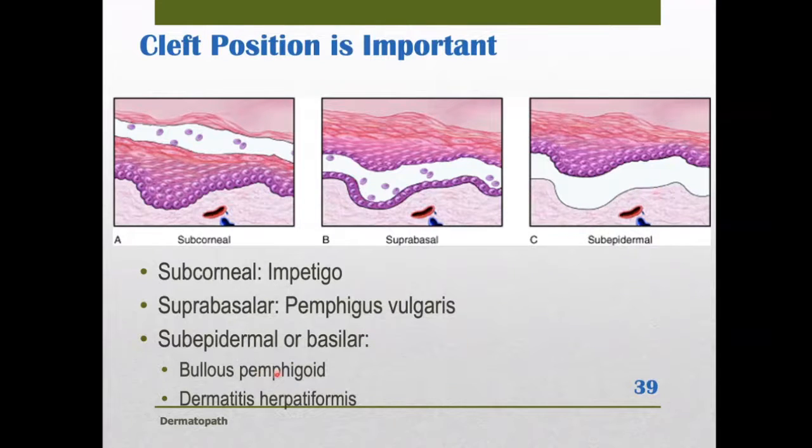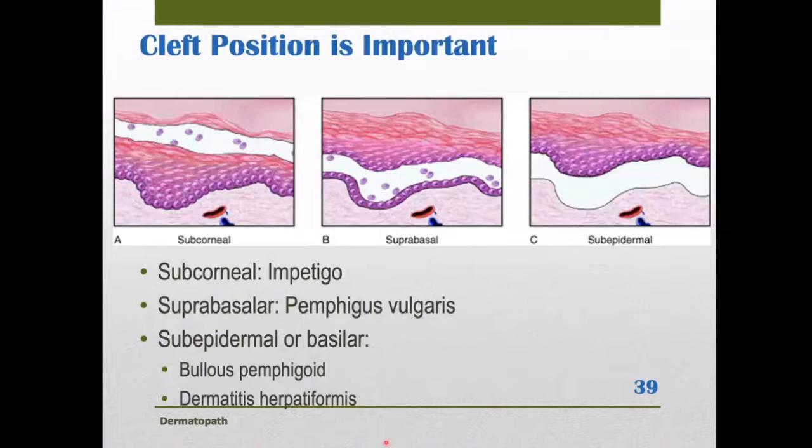We have bullous pemphigoid and dermatitis herpetiformis. And you see that even clinically they will appear differently, these different diseases, and on microscopy will give a final diagnosis. And of course, the treatment will depend on the real diagnosis.